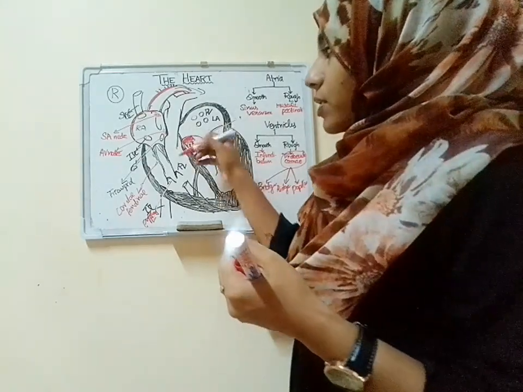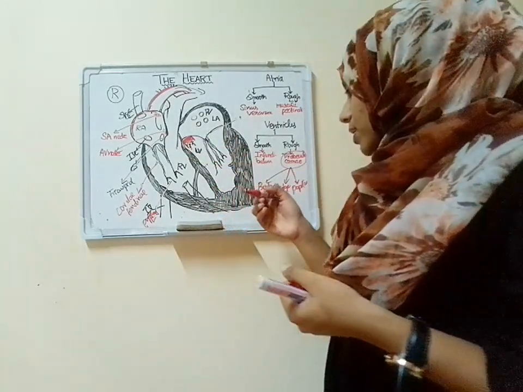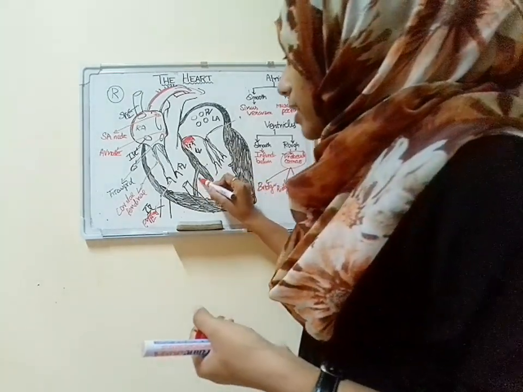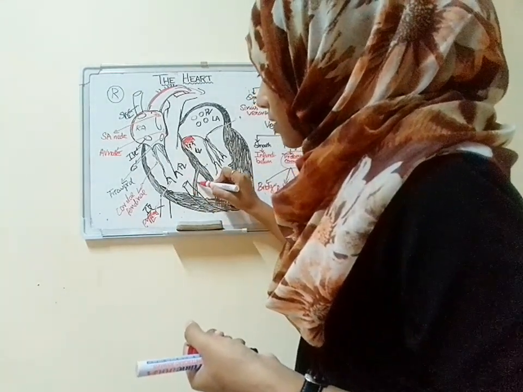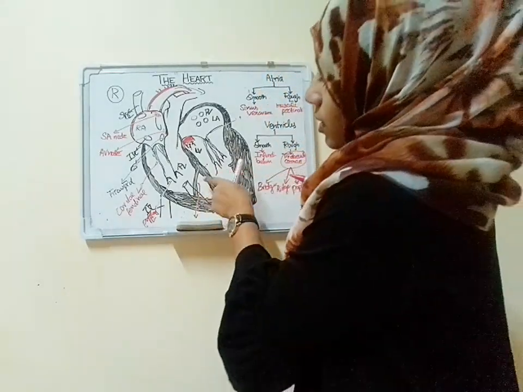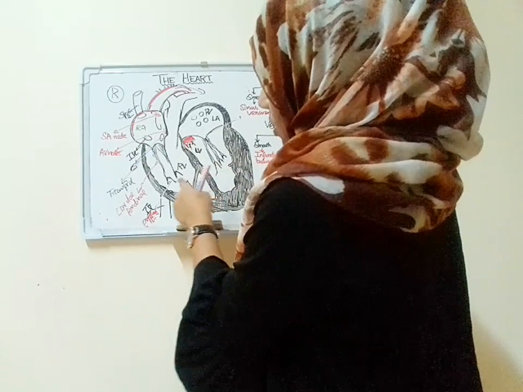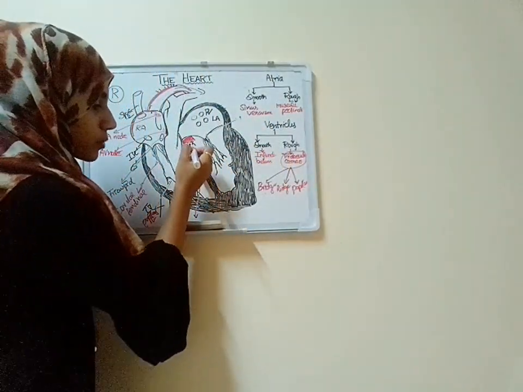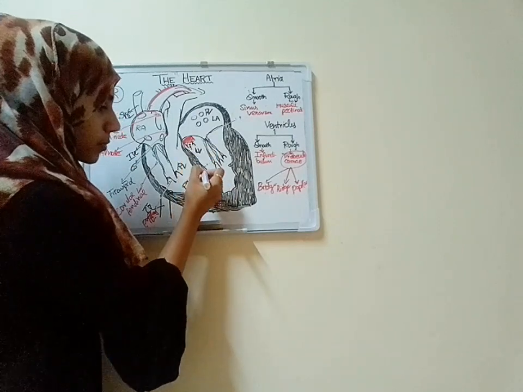Usually the rough surface itself is the ridge type. The bridge type is mainly called the septomarginal trabecula. This is a very important part because it forms a connection between the papillary muscles and the interventricular septum, as you see.